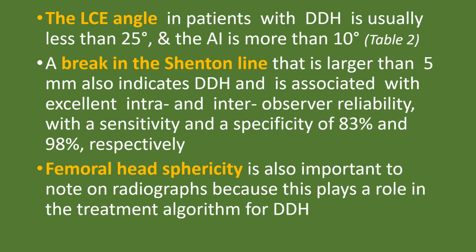A break in Shenton's line or the cervical obturator line that is larger than 5 millimeters also indicates DDH and is associated with excellent intra- and inter-observer reliability, with a sensitivity and specificity of 83% and 98% respectively. Femoral head sphericity is also important to note on radiographs because this plays a role in the treatment algorithm for DDH.